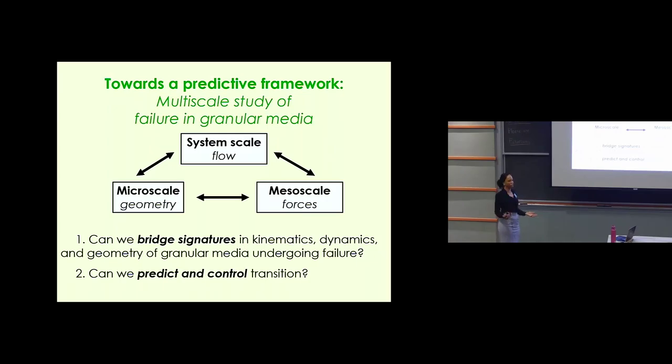So that has led to us having a couple of overarching questions that motivate our research in the group. We want to use information at all scales of our granular system to bridge together maybe precursors or signatures to creep and failure in granular systems. Can we unite the motion of our granular system with the forces and geometry to learn what causes a granular system to fail?